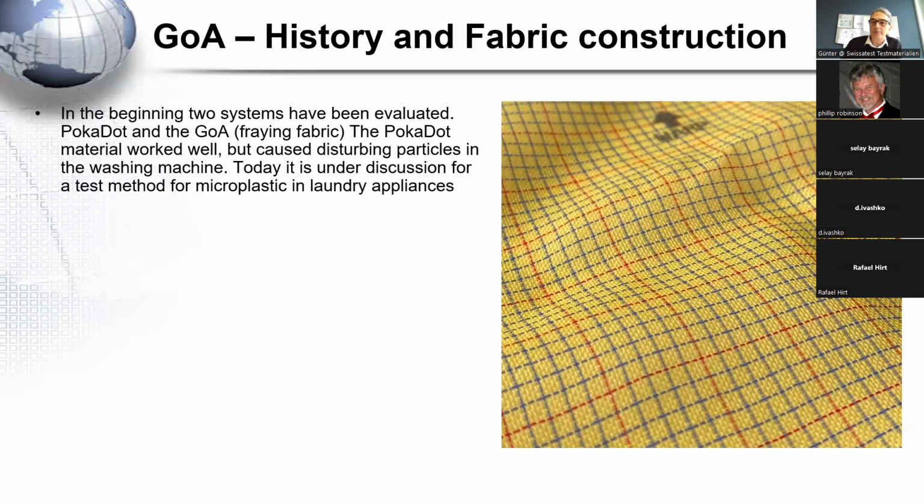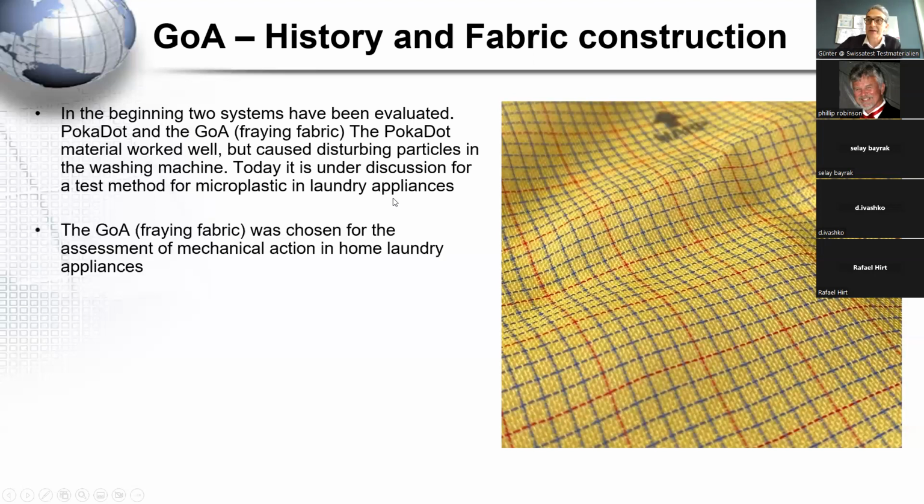You could find them everywhere: in the load, in the tubes, and so on. This was quite disturbing for the testing, as you have to clean the system very well after the test. But today, this material is under discussion for another test method for microplastic in laundry appliances.